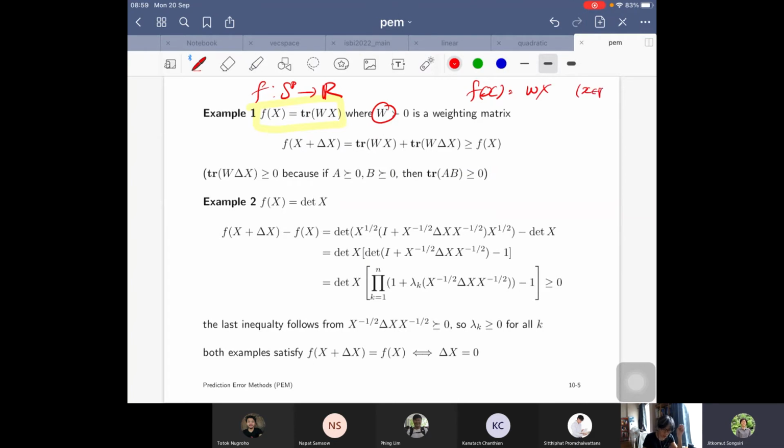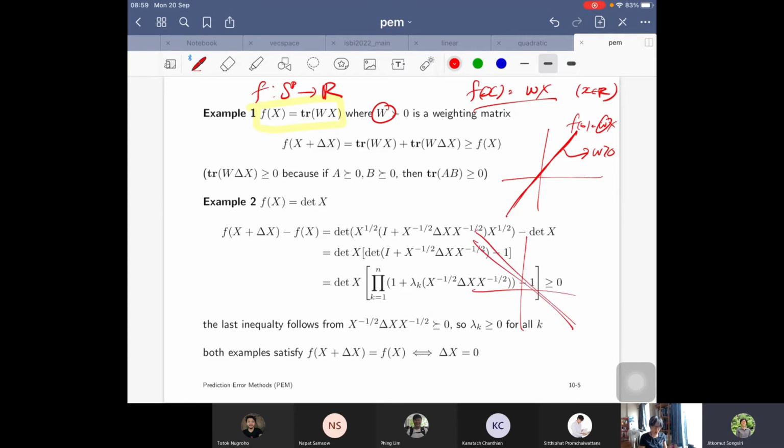If the matrix X reduces to a scalar, this is a form of linear function, f(x) = wx. So it has the increasing property only when the slope w is positive, right? Because if the slope is negative, this is not an increasing function. That's why the condition that the matrix W has to be non-negative is required.